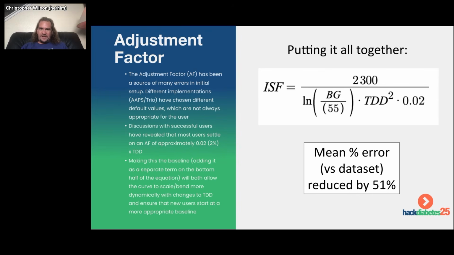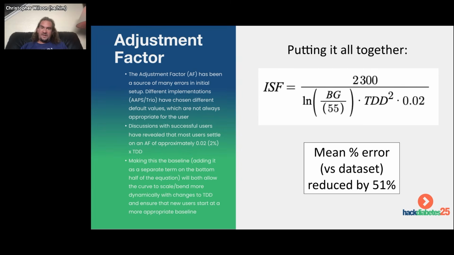And then taking into account sort of the way that they were potentially compensating for all of this stuff, what I wound up with just looked like somebody shot a shotgun at a sheet of paper. There was no discernible pattern there. But from what I've seen and conversations that I've had with a number of expert users, the sort of idea of the adjustment factor being roughly 0.02 times TDD seems to be a fairly reasonable basis point.